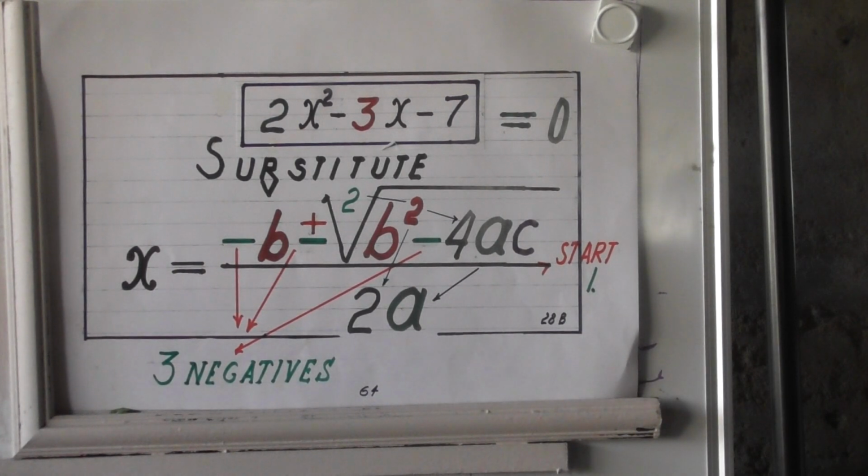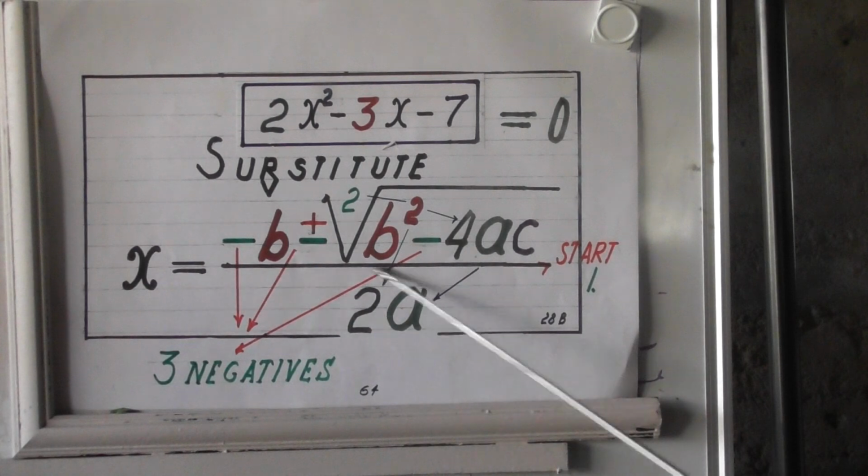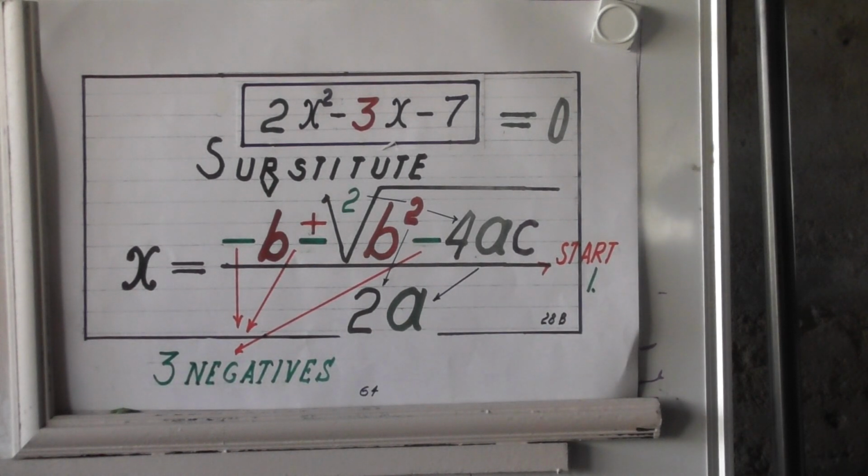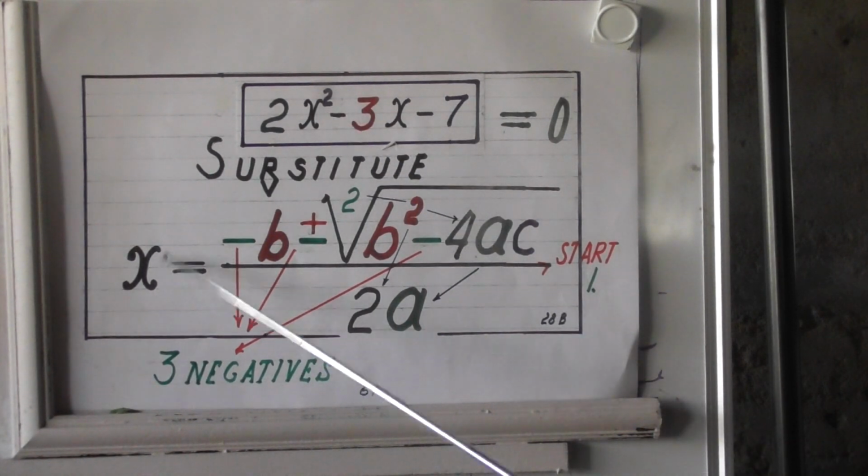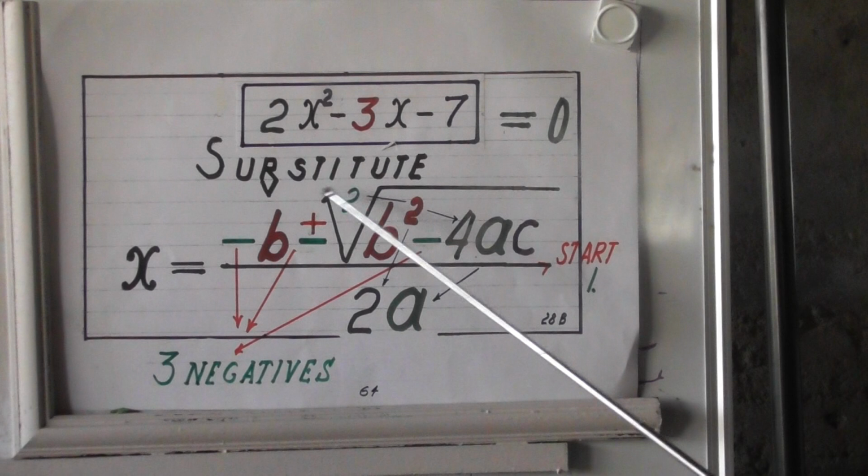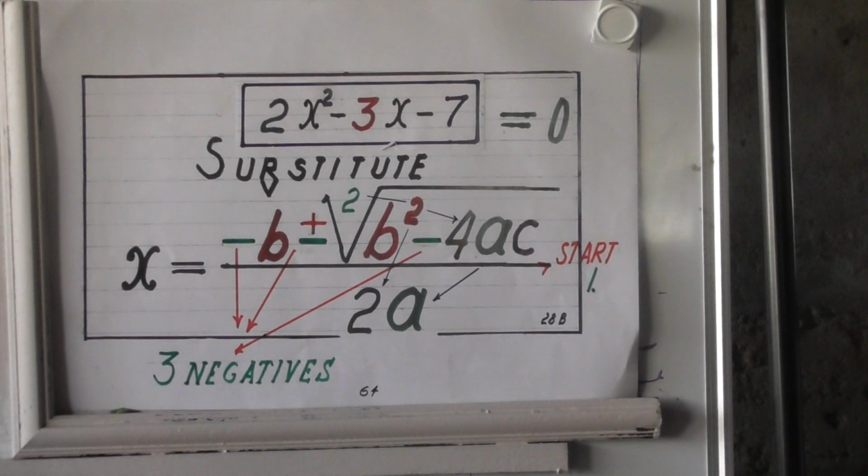X line. Repeat. X line. This is the x line. And now we're going to see if we can see something familiar. Well, we have to go from x squared to x, so we know that there is a square root symbol.